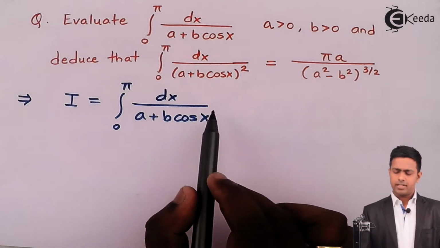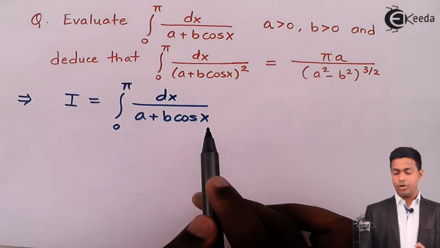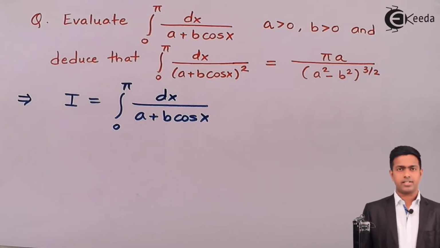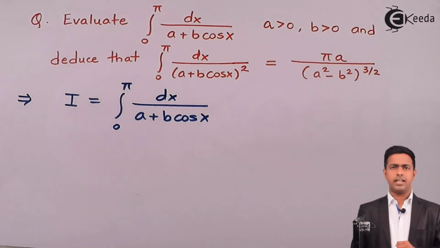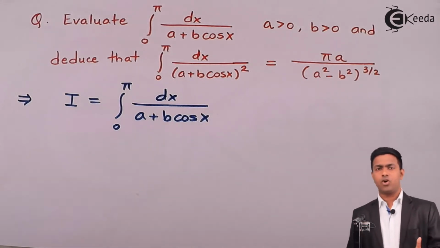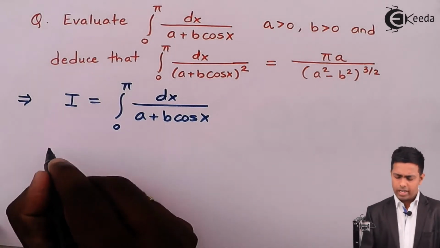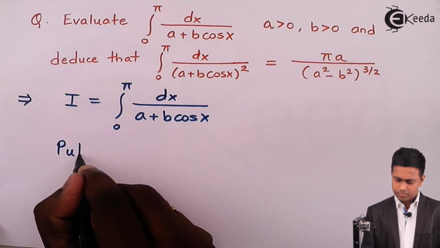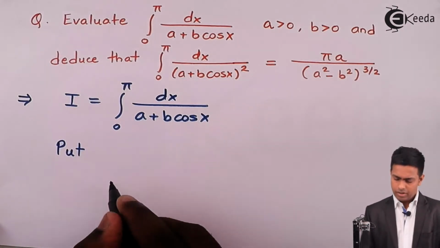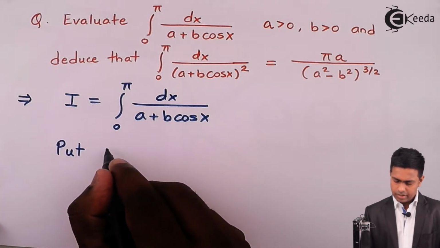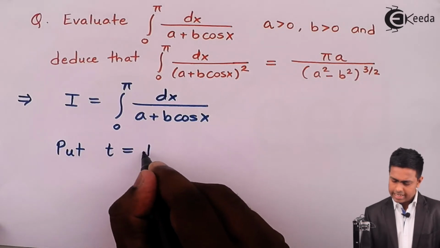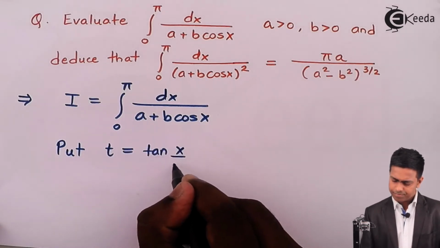So when such type of integration comes where the denominator is a plus b cos x, or a plus b sin x, or a sin x plus b cos x plus c, that time what do we do? So we all know that we put t equals to tan x by 2.